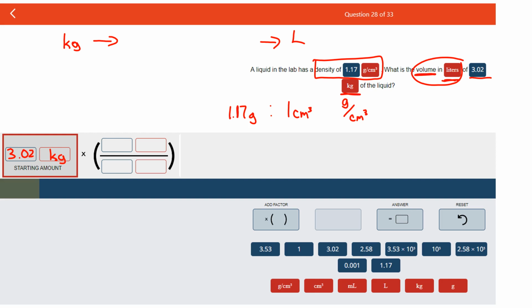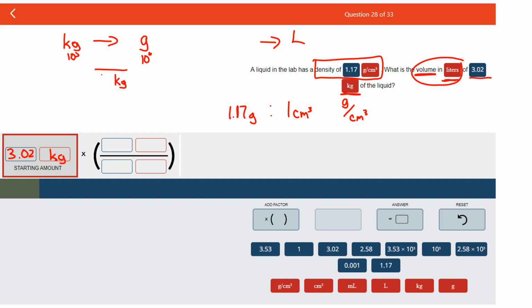Okay, what's the first thing we have to do? We need to get from kilograms to grams. My conversion factor on that is, I know that kilograms is 10 to the third and grams is 10 to the 0. So that means that kilograms is my larger.